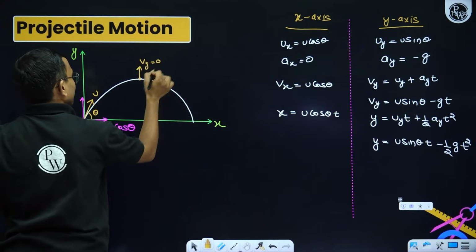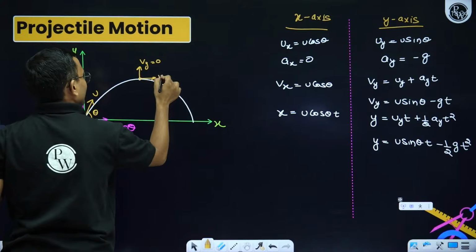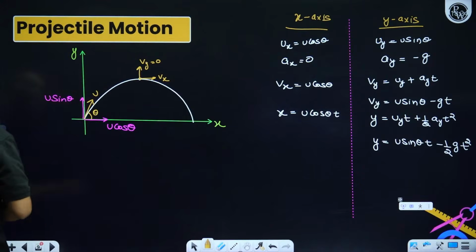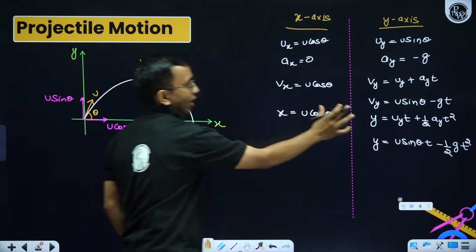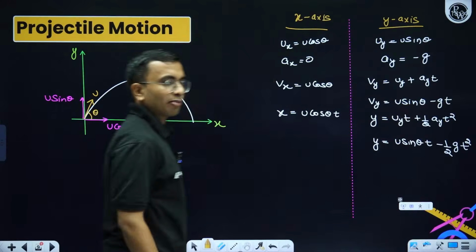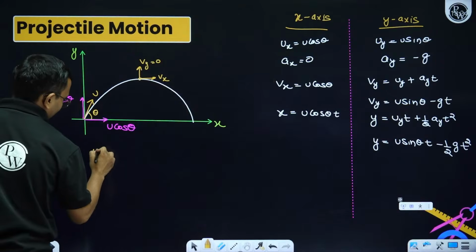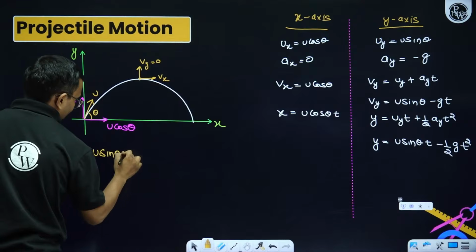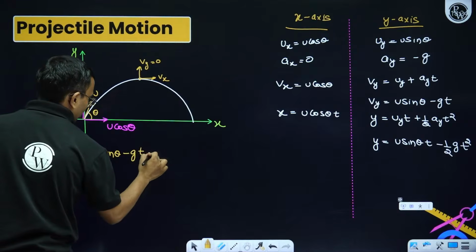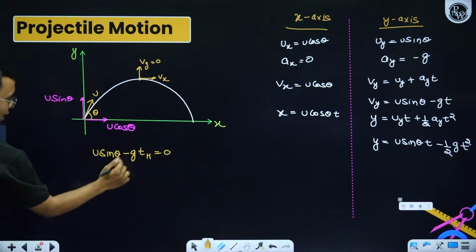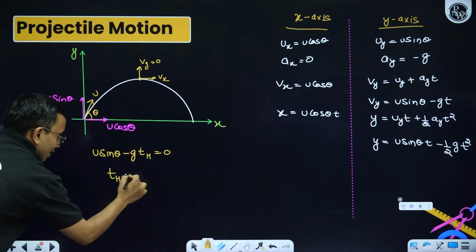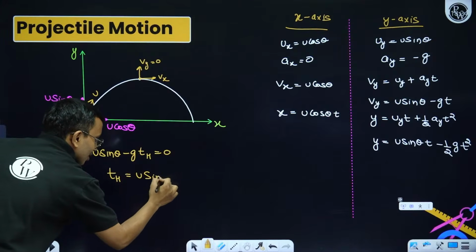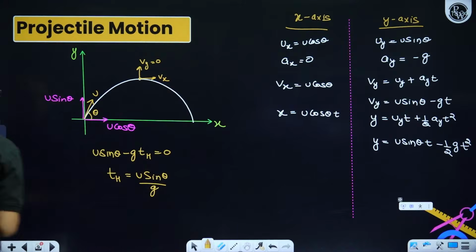Vy will be 0. Here the particle only has horizontal velocity. You put Vy as 0, u sin theta minus gt equals 0, and you get the time of maximum height, which comes out to be u sin theta by g.